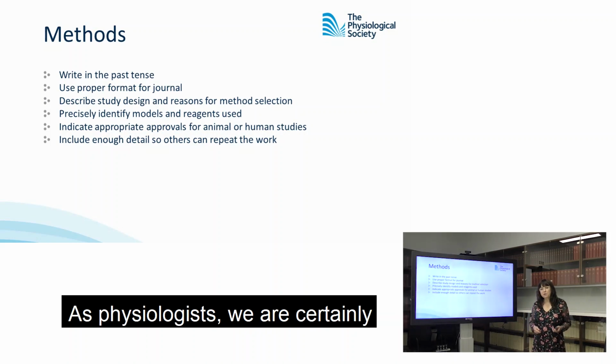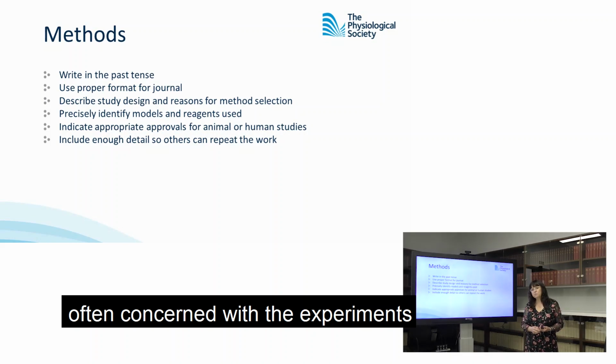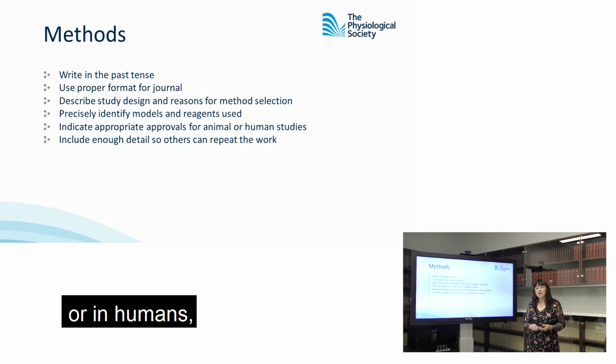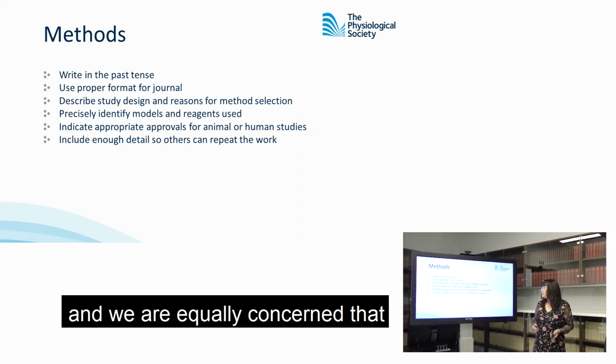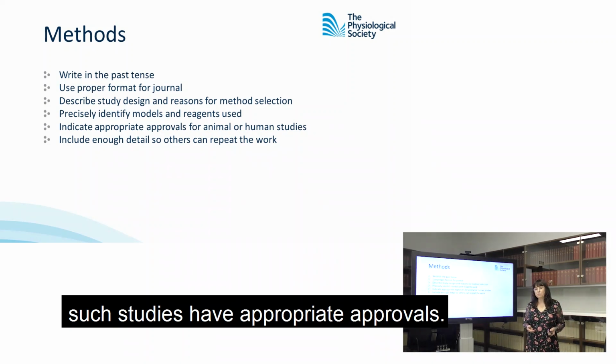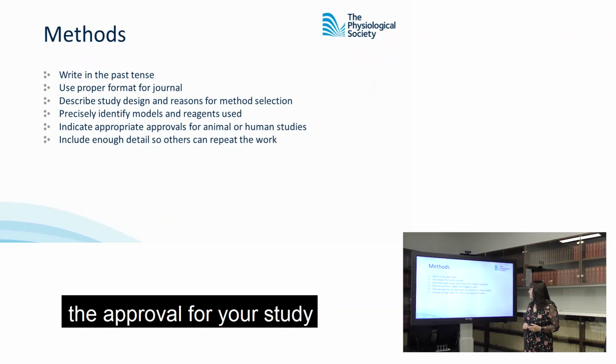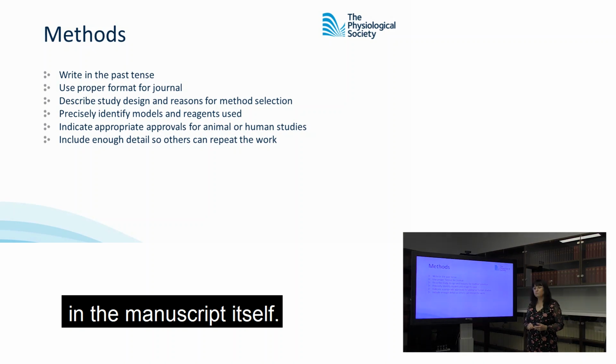As physiologists, we are certainly often concerned with experiments either in animal subjects or in humans. And we are equally concerned that such studies have appropriate approvals. So you should specifically state the approval for your study in the manuscript itself.